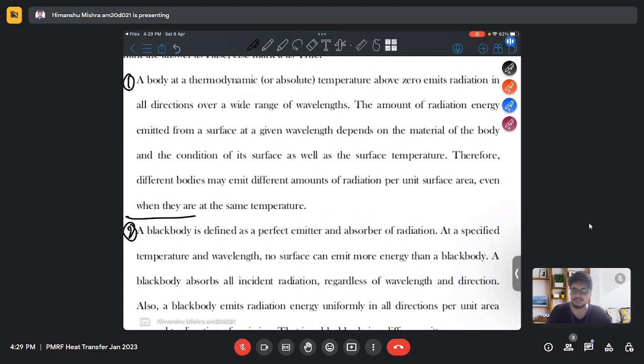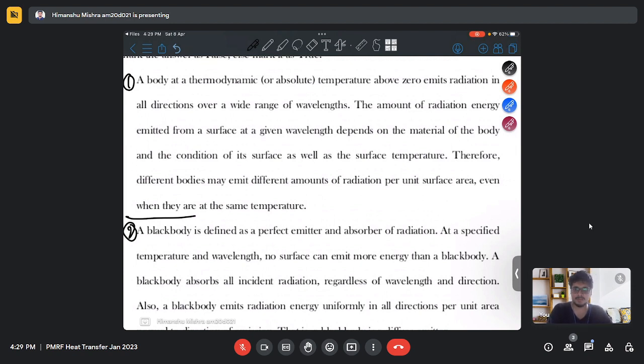The amount of radiation energy emitted from the surface at a given wavelength depends on the material of the body and the condition of its surface, as well as surface temperature. Therefore, different bodies may emit different amounts of radiation per unit surface area even when they are at the same temperature. Is it a correct option?